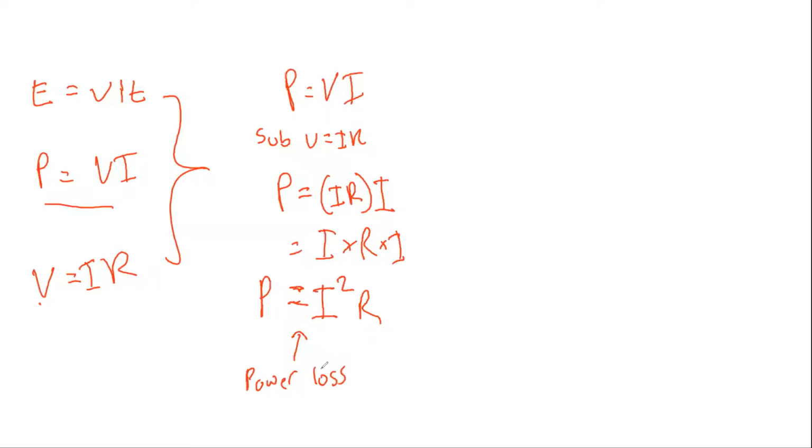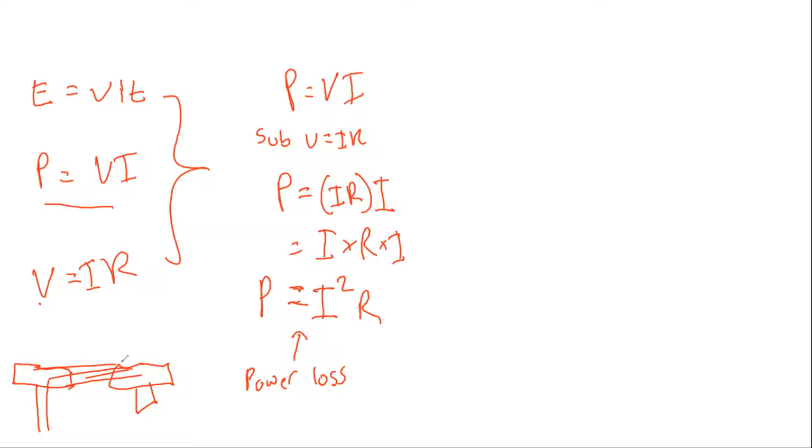formula. The reason it's called the power loss formula is because it usually gets used to calculate, if I have high voltage lines running, the amount of power that gets lost from those lines. It's going to be proportional to the current, how much current you're pushing through them versus how much resistance.